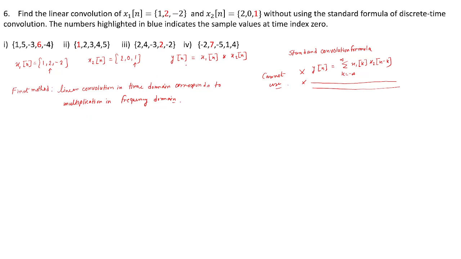That is, you are supposed to get y[n] without using the convolution formula. How do you do that? You just take X1(z), the z transform of x1[n], using this.